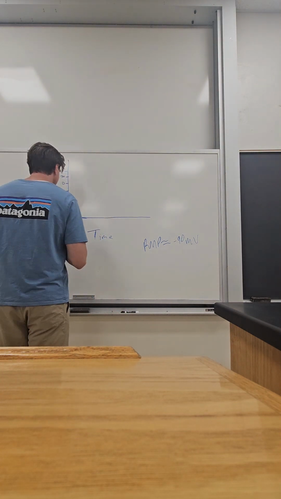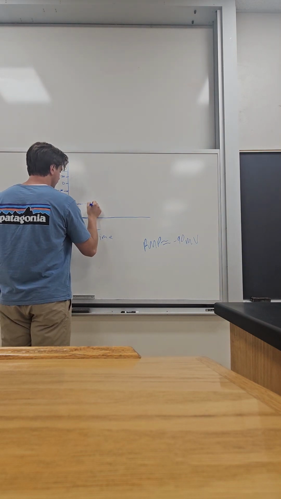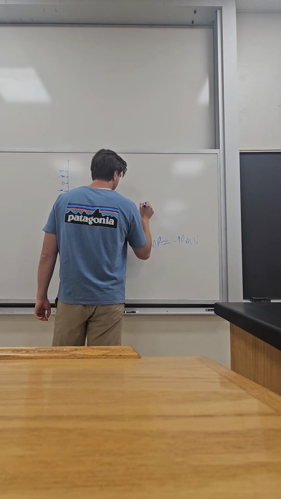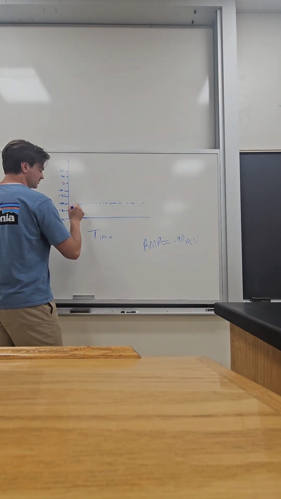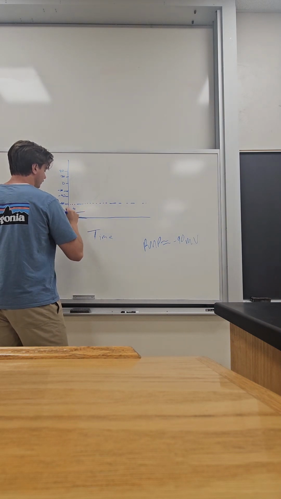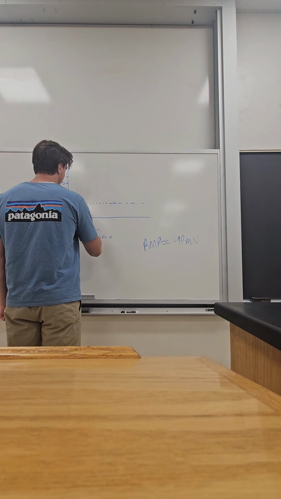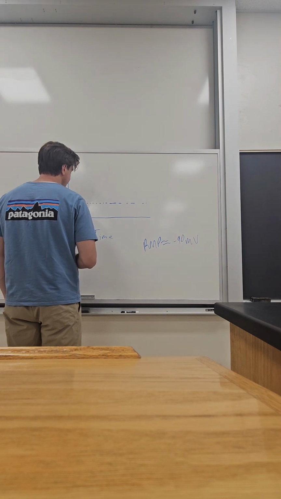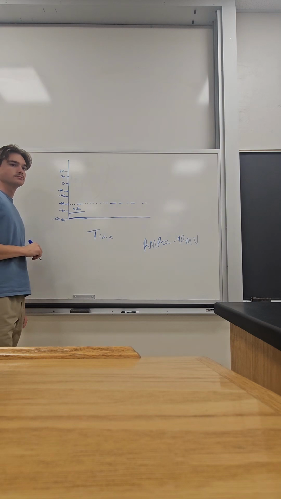So, the threshold is around here. They keep the cell at almost negative 90. And this is called phase 4 of that cycle. And here we have IK1.